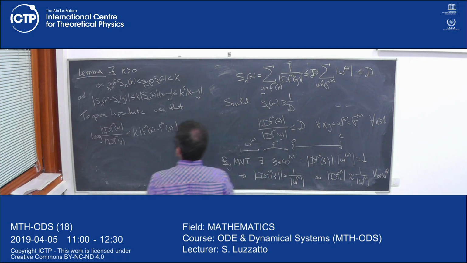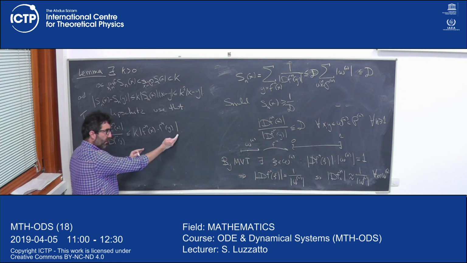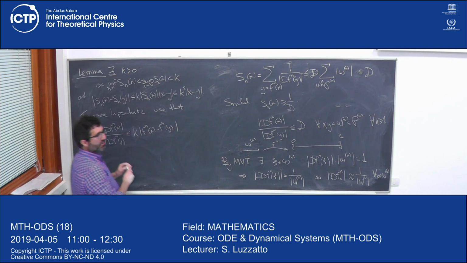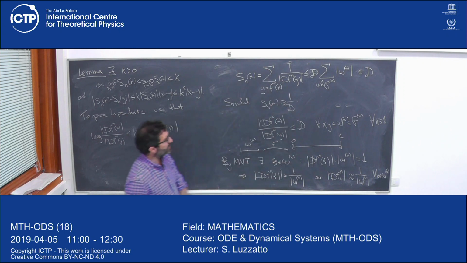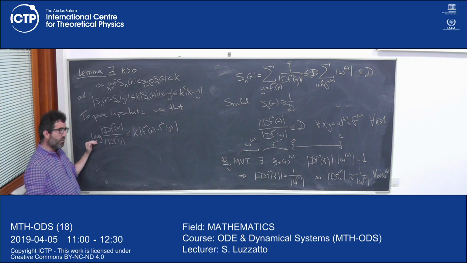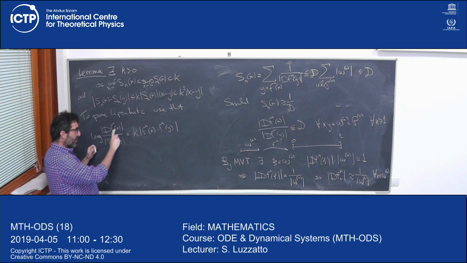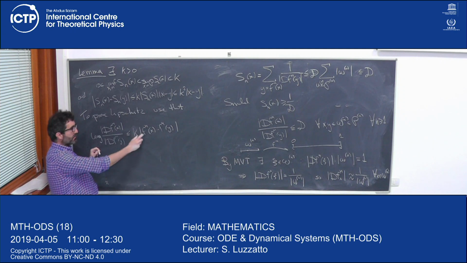So this is a stronger version, because of course this is uniformly bounded by 1. This in particular implies that this is always less than or equal to k. Taking exponentials on both sides, we get this, which is all we need for this part of the statement. But for the Lipschitz property, we do need the stronger version of bounded distortion, which says that not only is this uniformly bounded, but there is a specific bound that is uniform in the distance between x and y.